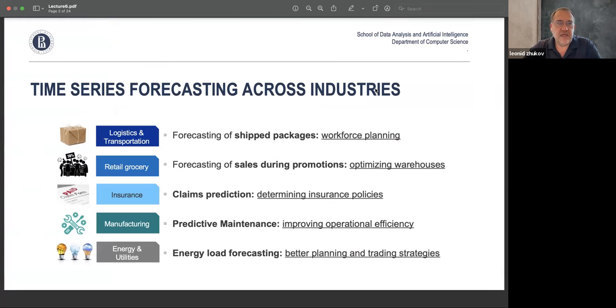In logistics and transportation, you try to forecast the volume, for example, of shipped packages, to do workforce planning and to schedule deliveries. Retail, we talked a lot about retail, and here you will forecast the sales first of all, and demand forecasting. These are the two most important forecasts you can do.